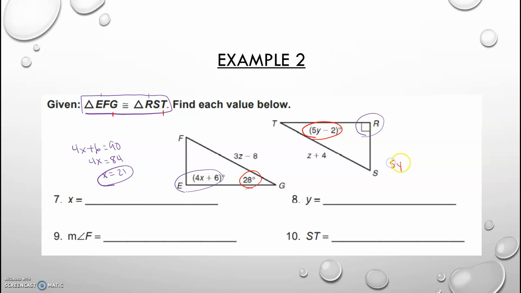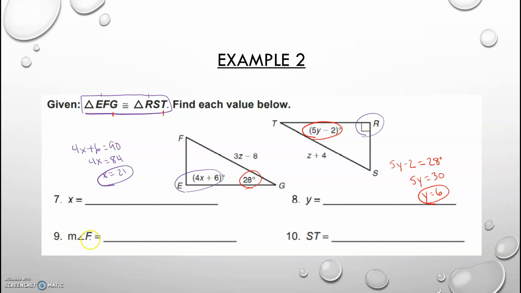So 5y minus 2 has to equal 28 degrees. So we're going to add 2, 5y equals 30, and divide by 5, y equals 6. And there's our answer for number 8.